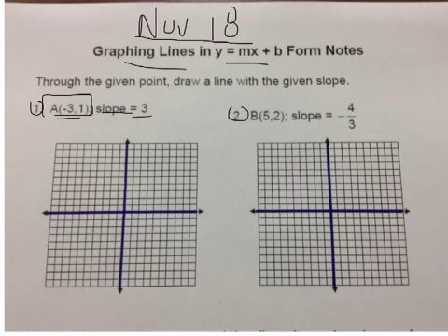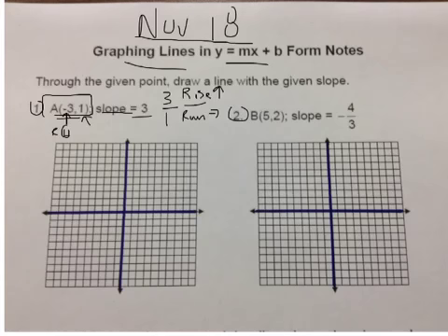Anytime we have a whole number for a slope, we're going to write it as a fraction. If it's a whole number, we'll just put it over 1, and that gives us both of our directions. Since it's the positive number on top, that's our rise, so we're going to go up. Our bottom is always our run, and we always go right on that number. When we plot our point, the first dot tells us to go right or left. Since this is negative, we're going to go left.